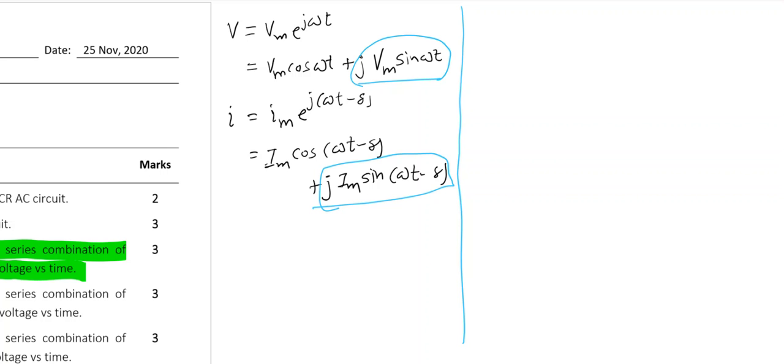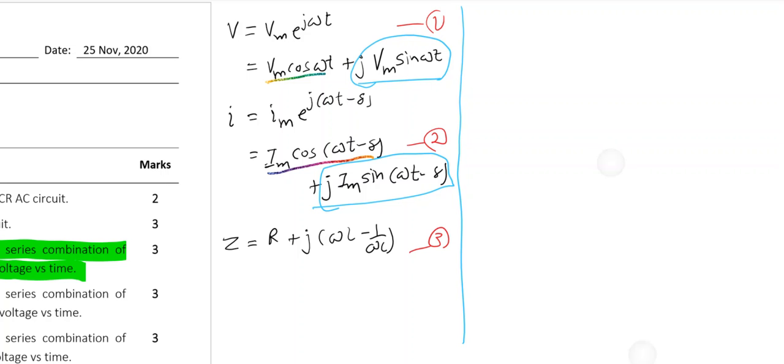To plot the graphs of voltage versus time and current versus time, we will make use of the real part. Moreover, we had one more equation for the impedance Z, which is given as R plus j omega L minus 1 by omega C. If I label these as equations 1, 2, 3, what we have right now is an RL circuit, meaning a series combination of R and L connected to a source of alternating voltage.